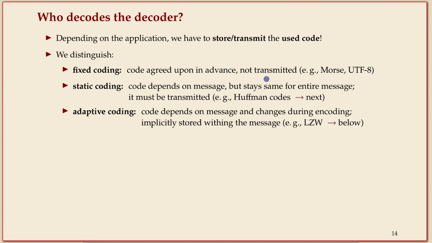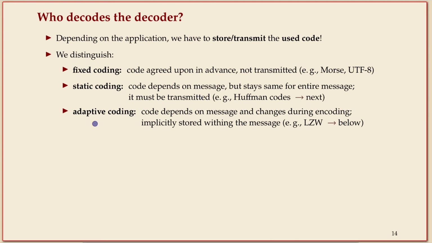Then we don't need to transmit the code. We just assume everyone knows the encoding. If we use what we'll call static coding, where we use the same encoding for the entire text, then we might have to transmit the code because the code is custom for the specific text. But at least it doesn't change while decoding.